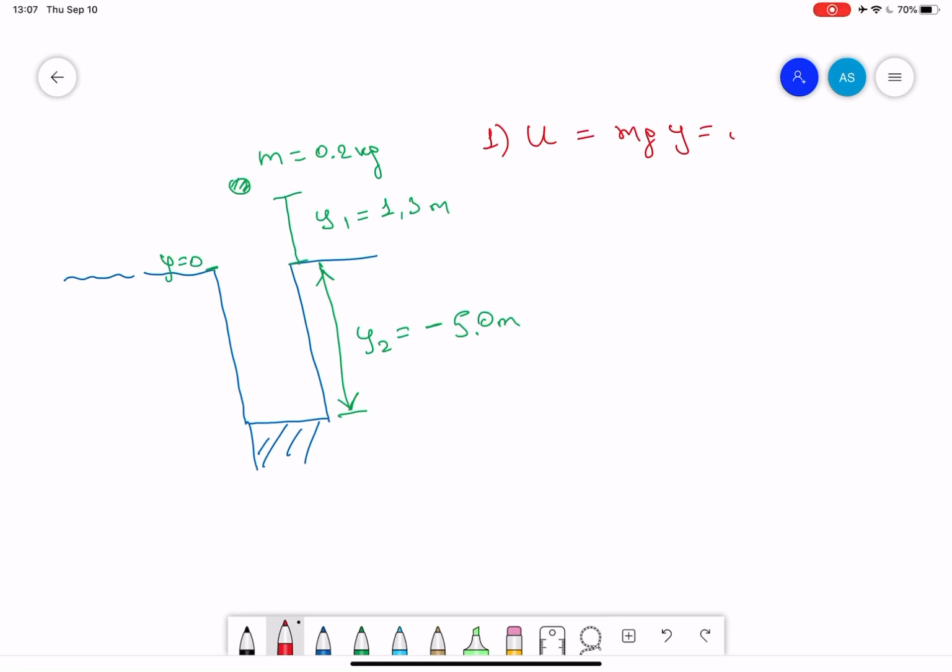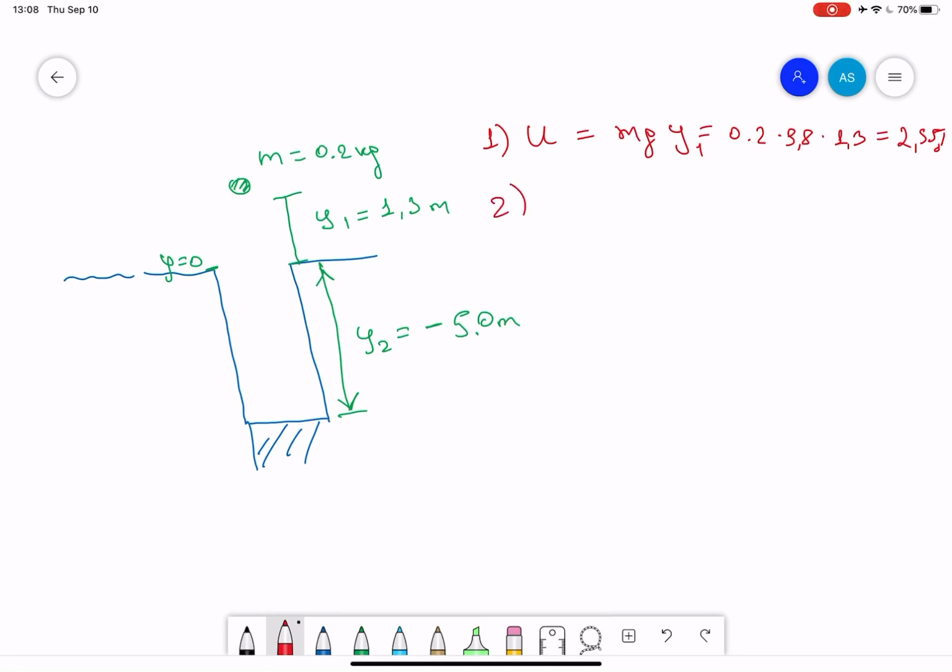Now the mass is given 0.2, g is 9.8, and our y1 will be 1.3 meters. So now let's do the calculation. 0.2 multiplied by 9.8 multiplied by 1.3 gives you 2.55 joules.